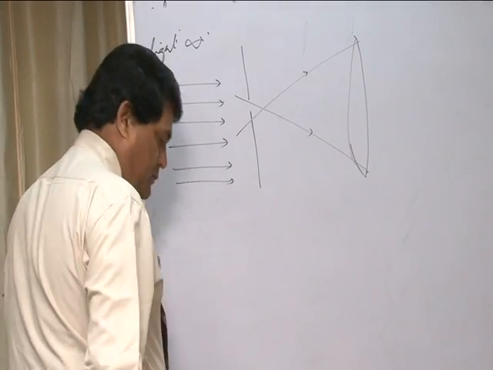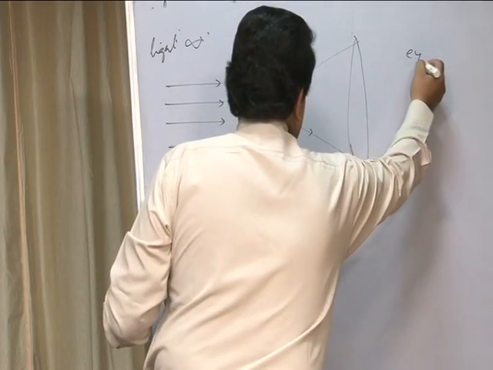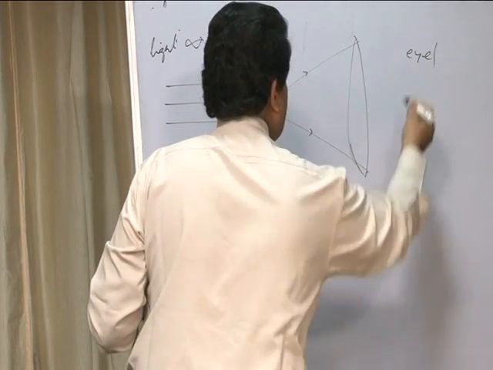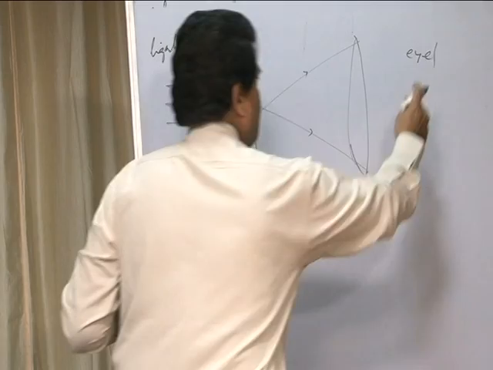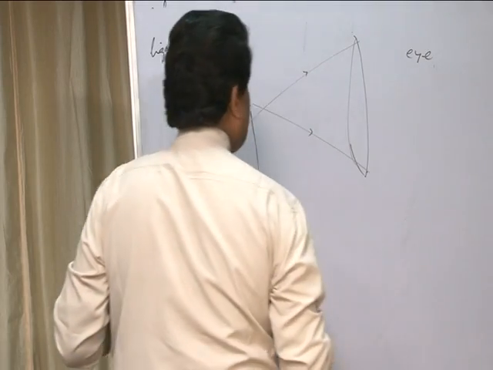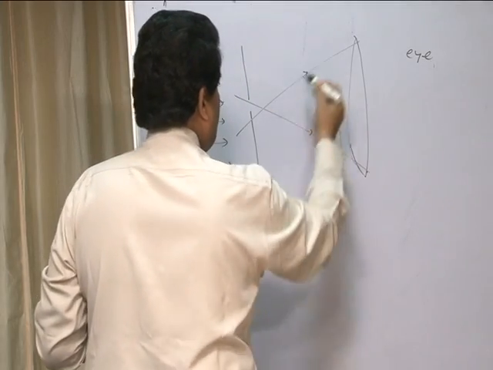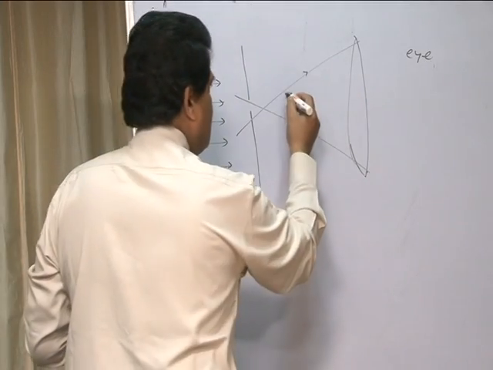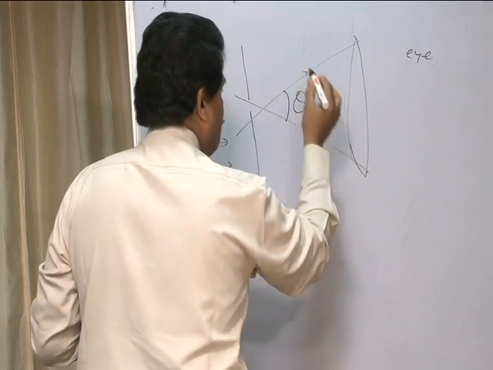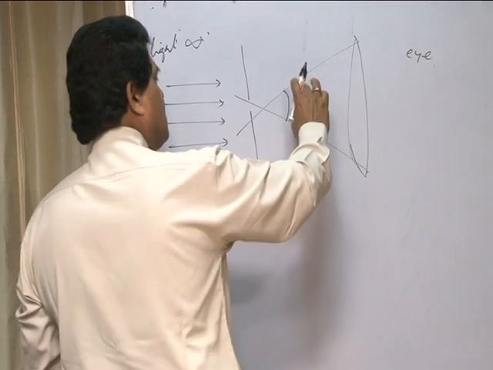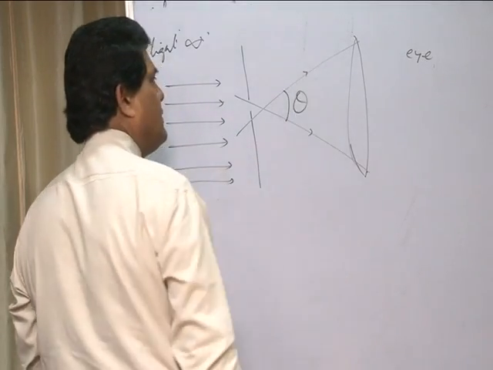Now on the other side, if we place the eye this side, then we can see this. Once the light passes through this, let us imagine this is an angle theta. So this angle theta is very important.